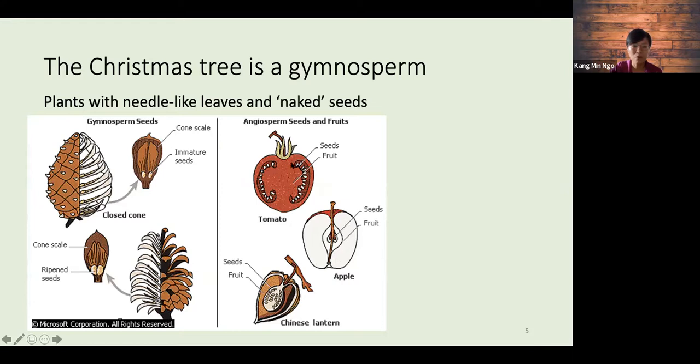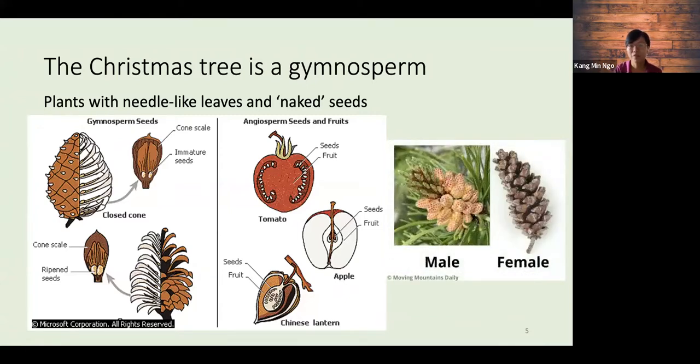If you can see my mouse where it's pointing, for example, the tomato is actually a fruit, and you have these seeds here, and the fleshy bit is the fruit. Same for the apple. When you eat the flesh outside, you get to the core, which is where the seeds are. But gymnosperms don't have fruits. Instead, they have cones. For gymnosperms, the cones will have the seed, which is totally exposed. There's nothing covering the seed, which is why they're called naked seed plants.